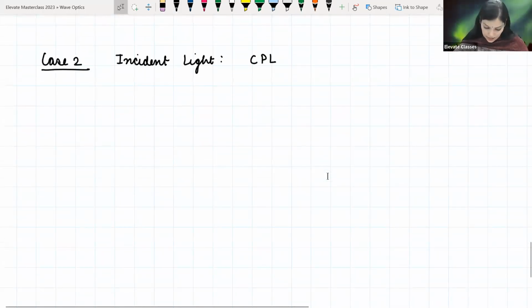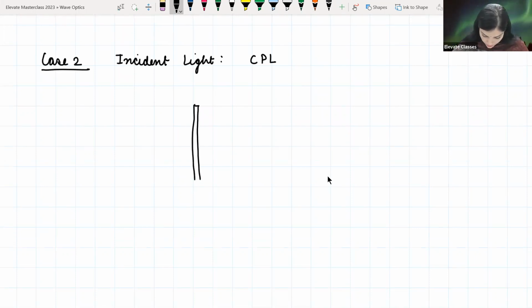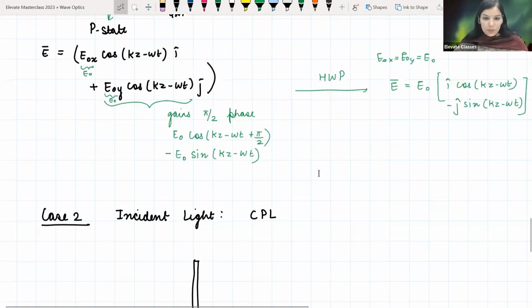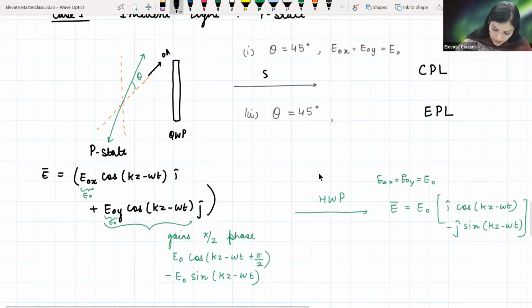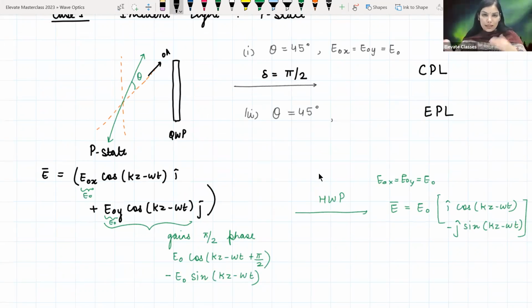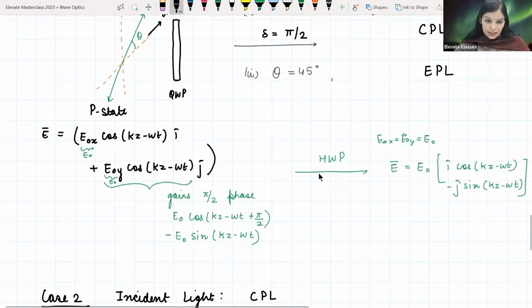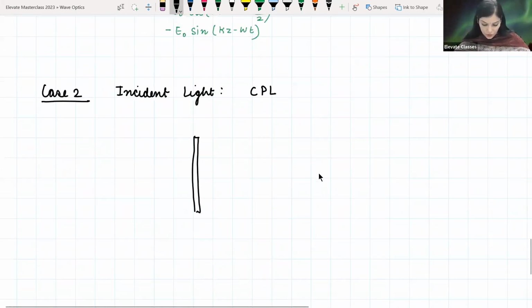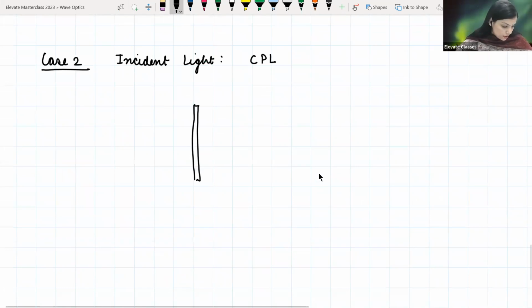So then what will I get on the output? यहाँ पर भी मैंने लिखा नहीं, यहाँ पर भी डेल्टा क्या है? Delta is pi/2 only. So delta is the phase difference on the output side. Okay, so now this delta is going to be different in this case. Then you will understand why I'm using the term delta.